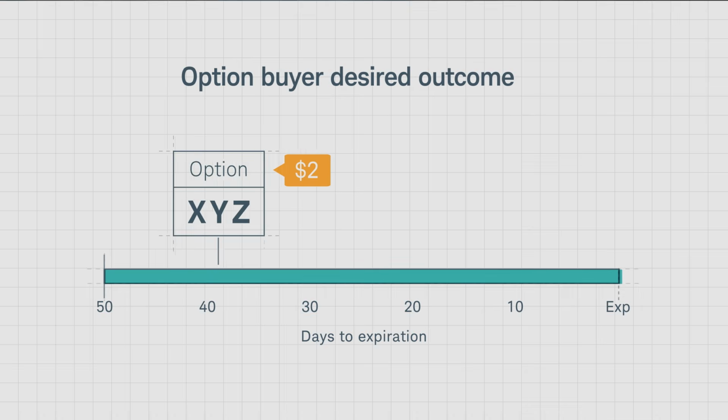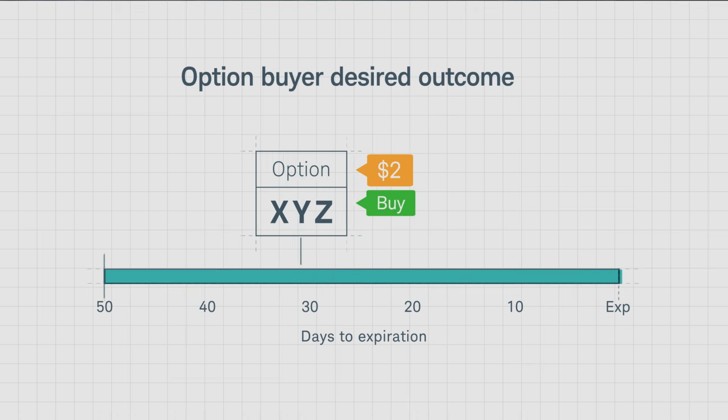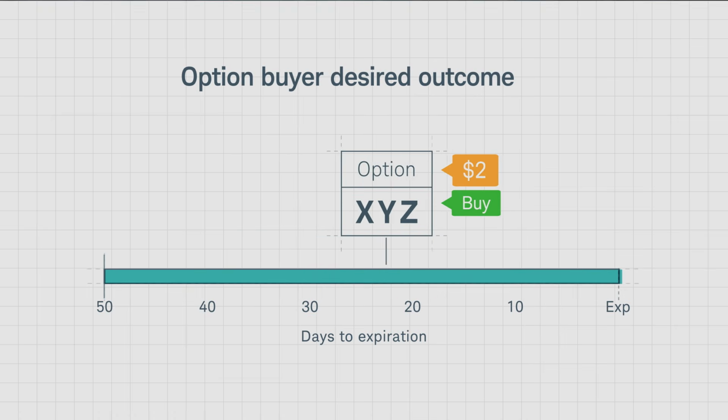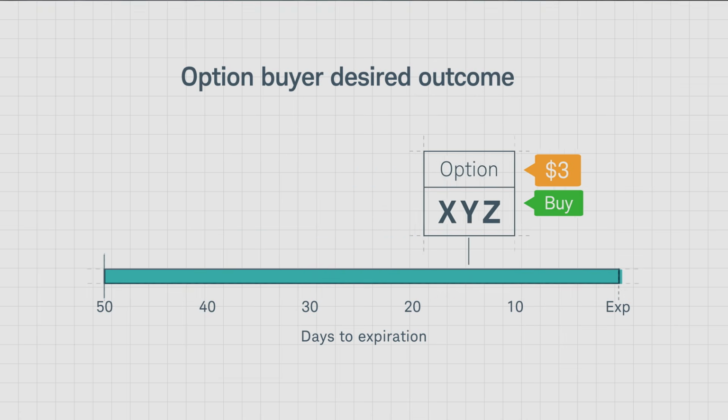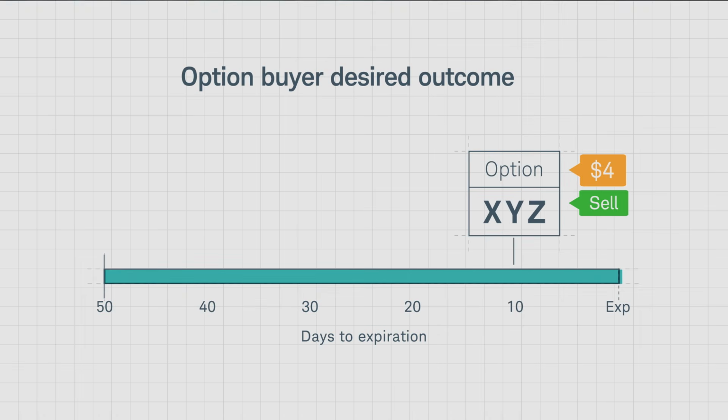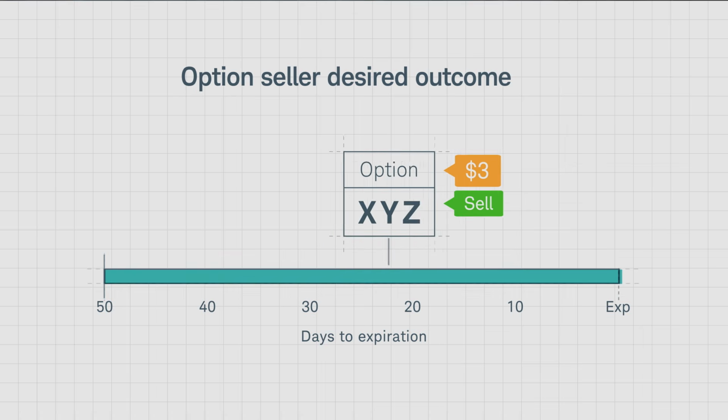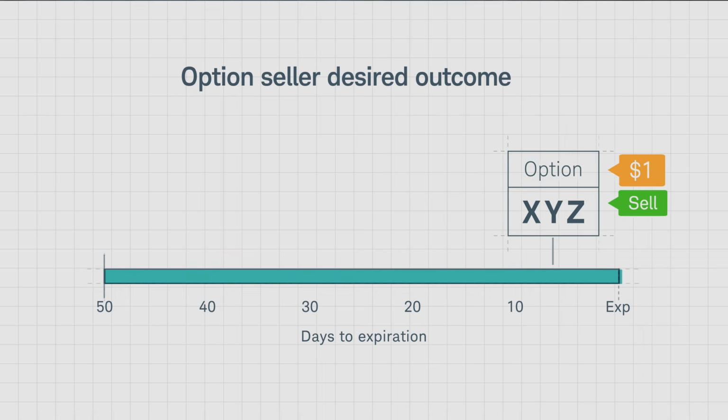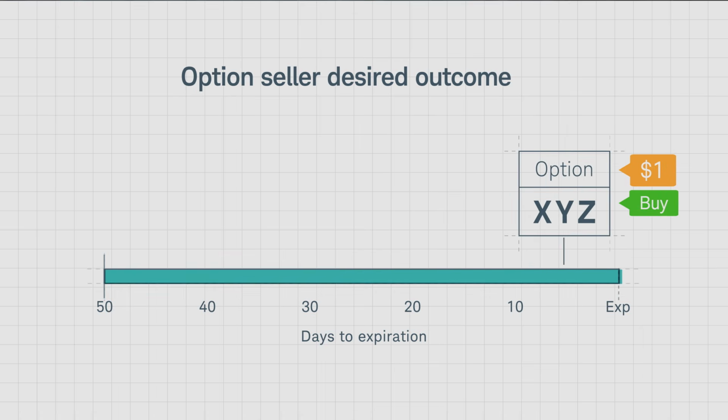Options contracts fluctuate in value and can often be bought or sold before expiration for a profit or loss. So option buyers often buy the option hoping it will increase in value so they can sell to close the position for a profit before expiration. And option sellers often sell the option hoping they can buy to close at a much lower price or let it expire worthless and keep the full premium.